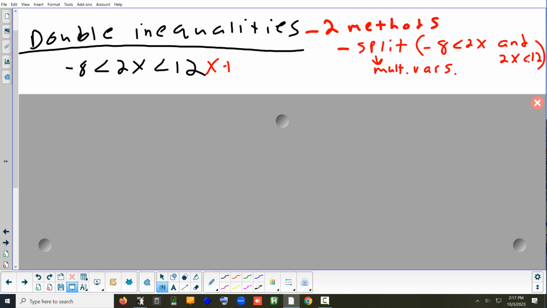Something like this. So when you have x's in more than one spot, you definitely have to do this method of splitting it into 2 problems and solving each one separate. But when you only have an x in one spot, I'm going to show you an easier method than splitting it up.